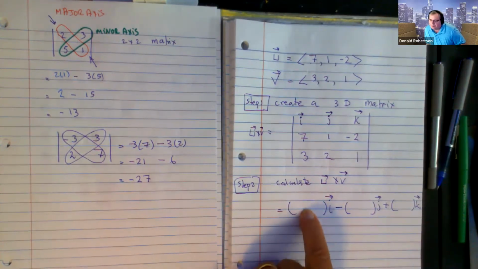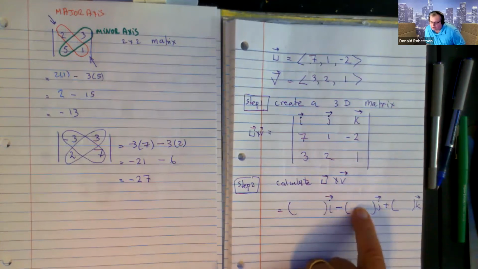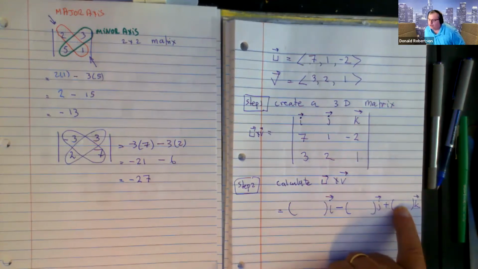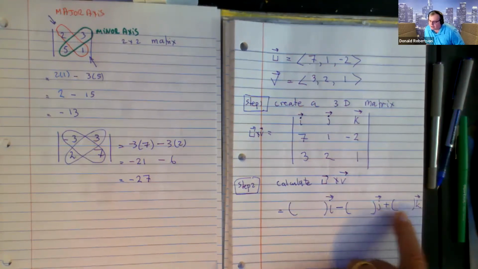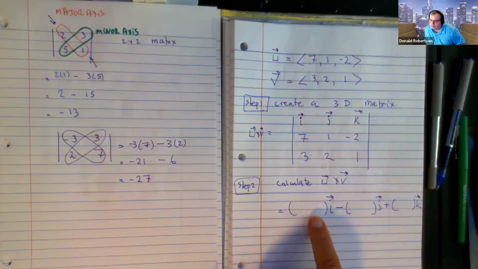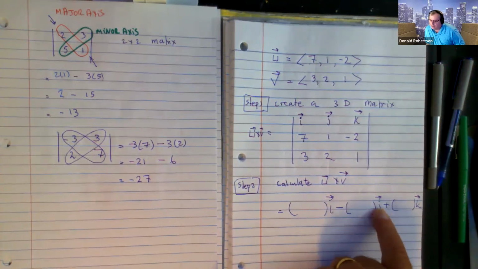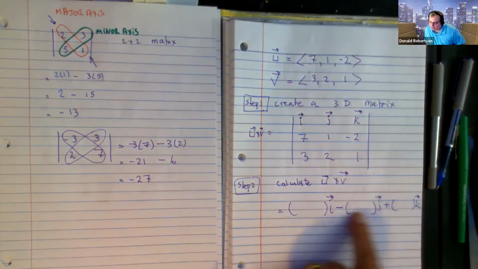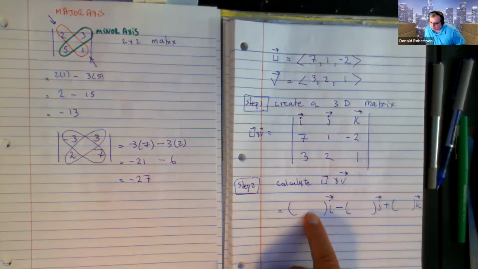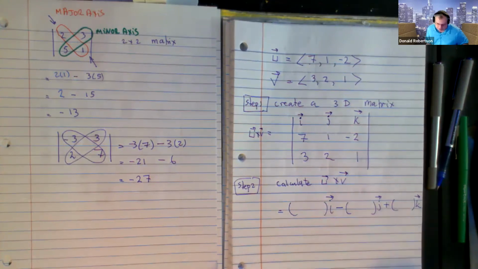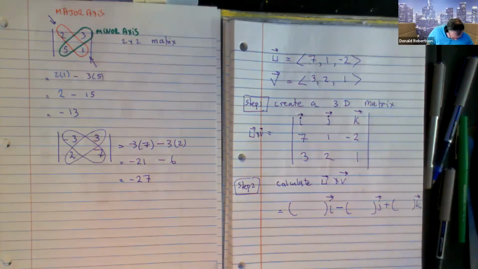So there's going to be a number there. That's going to be like 3, that's going to be like 5, and that's going to be like 2 or -2. Notice the pattern's a bit weird. It's an i, take away the j, add a k. This is always going to be the case. That structure is fixed. Doesn't change from question to question. Plus, take away, plus. Now, all we need to do now is figure out how to get these numbers.